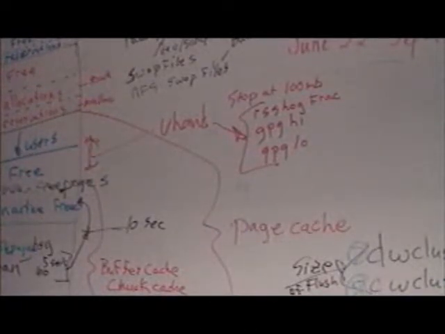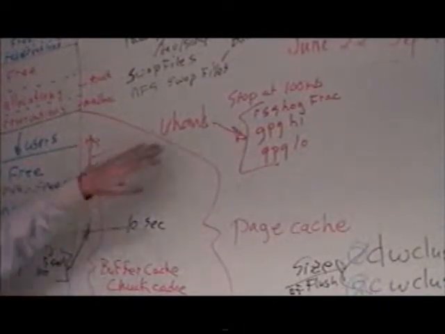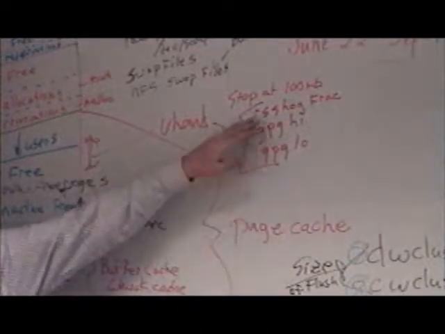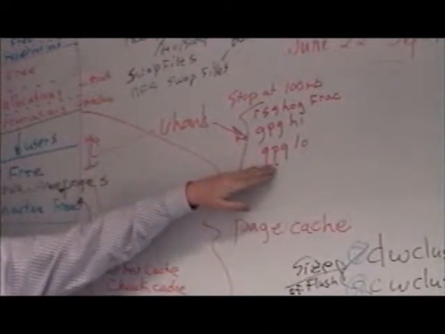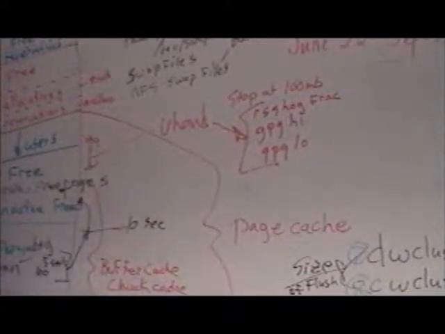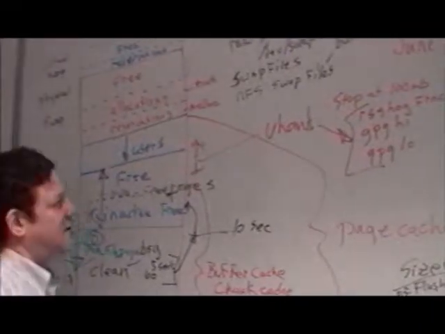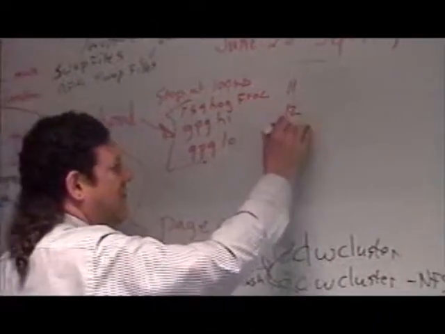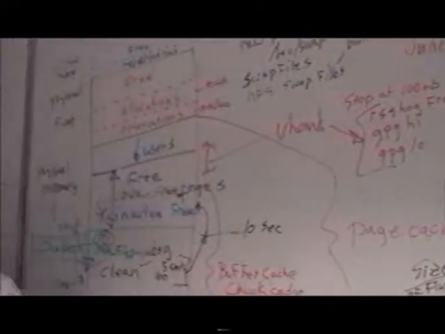So min free pages is Shake D trying to keep things open, and VHAND has RSS hog frac, gpage high, gpage low. I'm going to save that for after break. So that was 10, 11, 12, 13 systune parameters in one drawing, because they all influence my memory map.